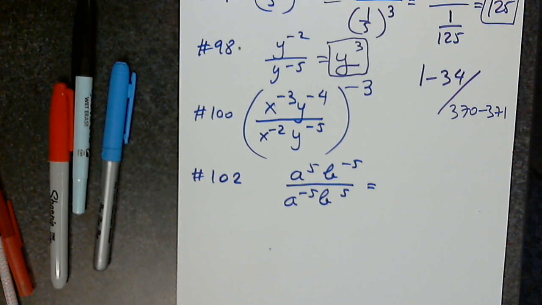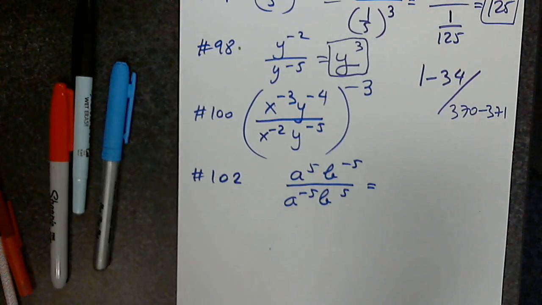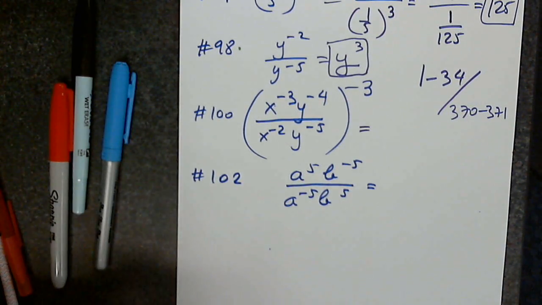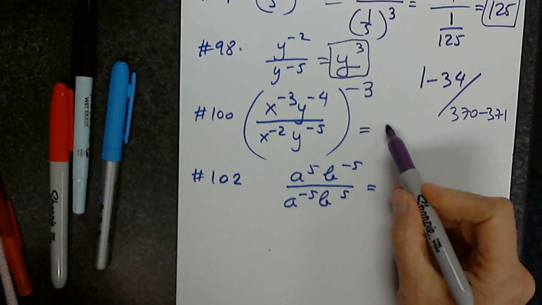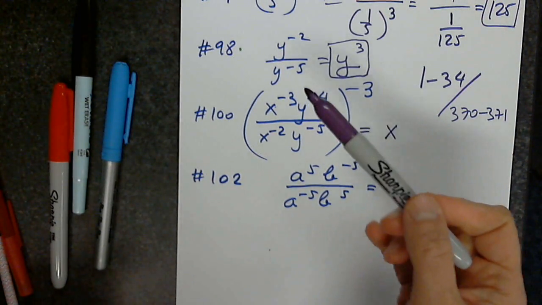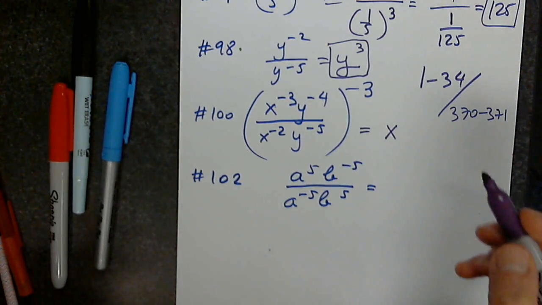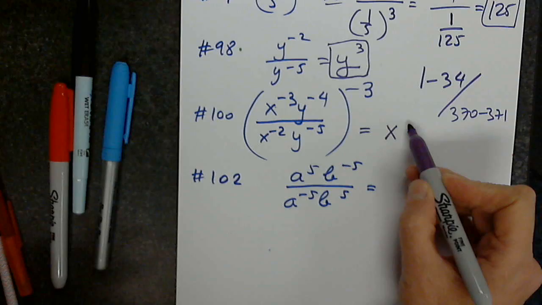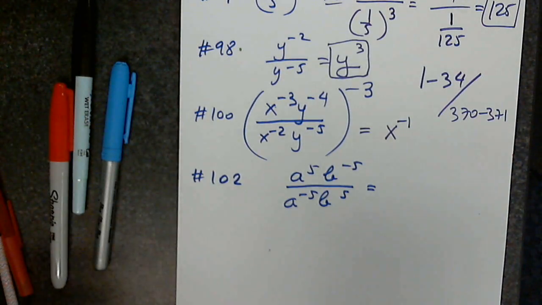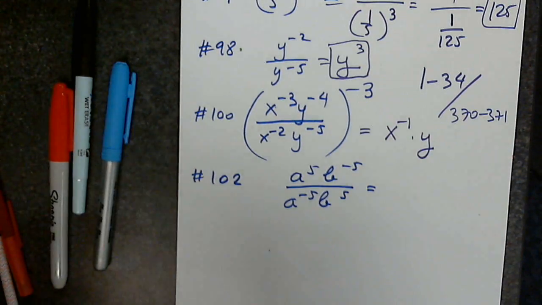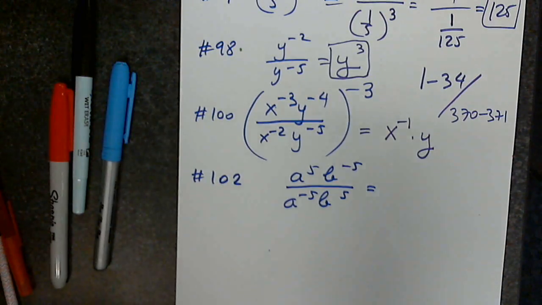Okay, problem 100. Inside, copy the base and subtract the exponents. I copy x. From negative 3, I subtract negative 2. What do I get? Negative 1. And then I copy y. From negative 4, I subtract negative 5. 1.